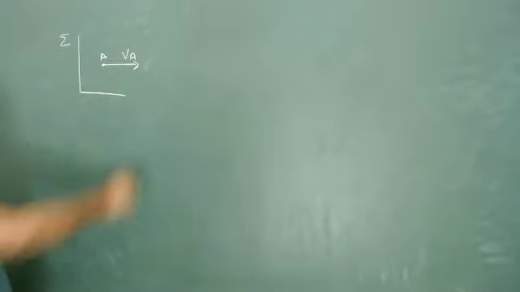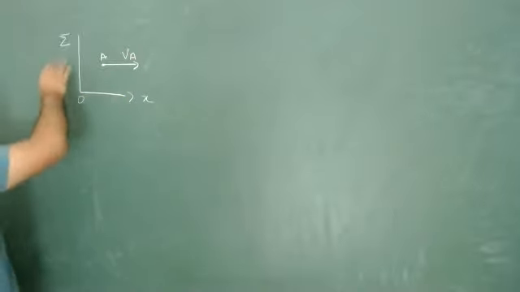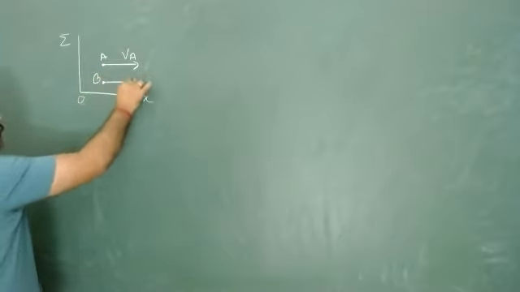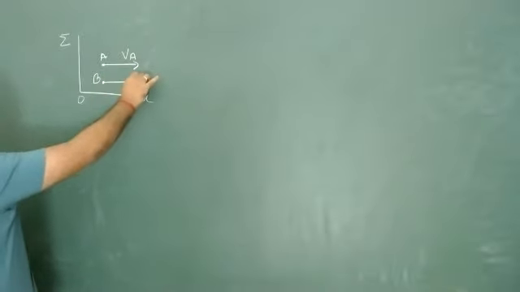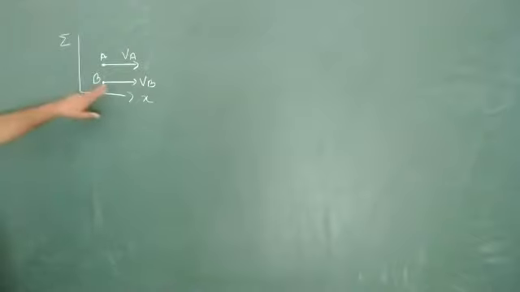Let's say this is my X direction and this is the origin of sigma. There is another particle B, which is also moving in the X direction with velocity VB. VA and VB are both given with respect to sigma.